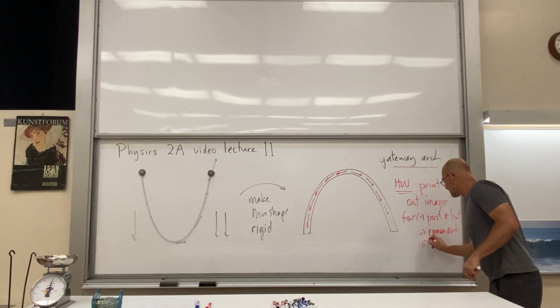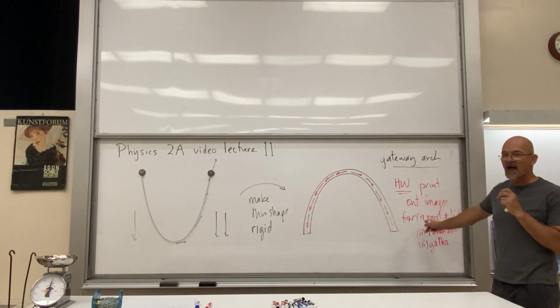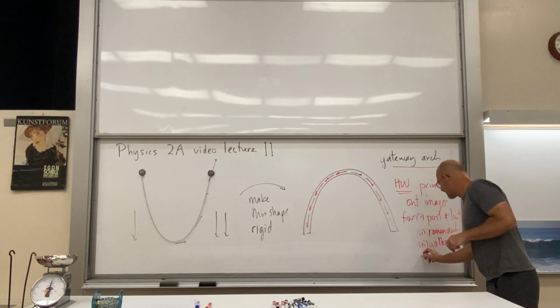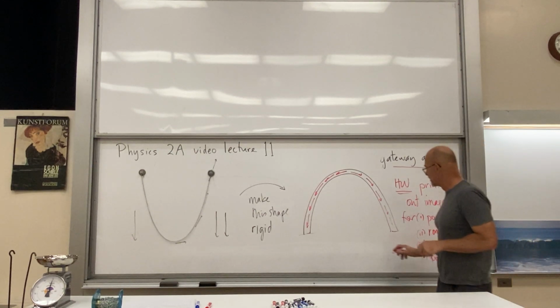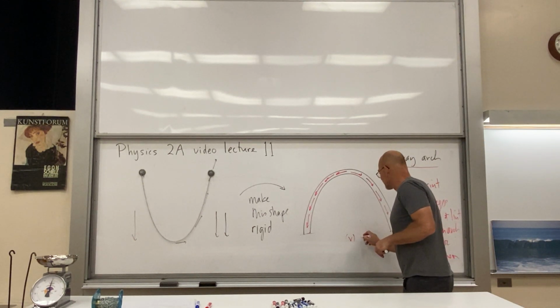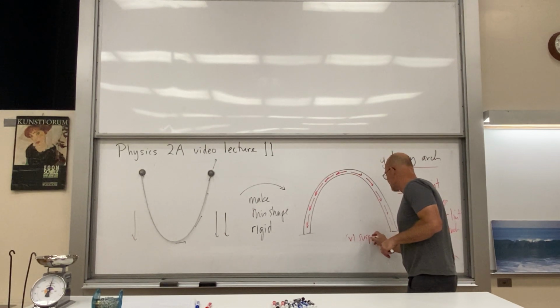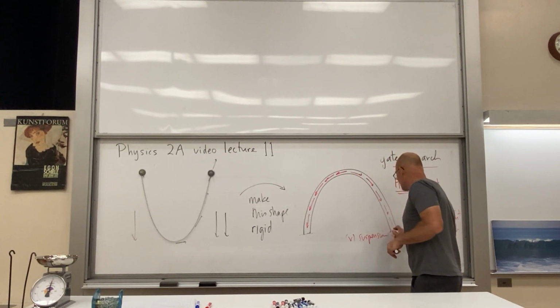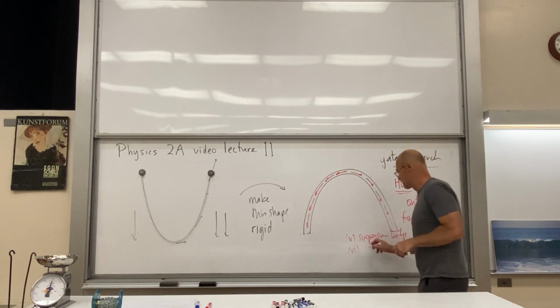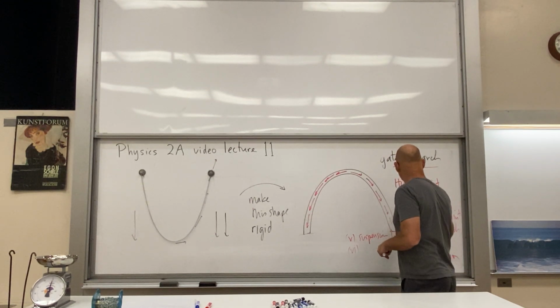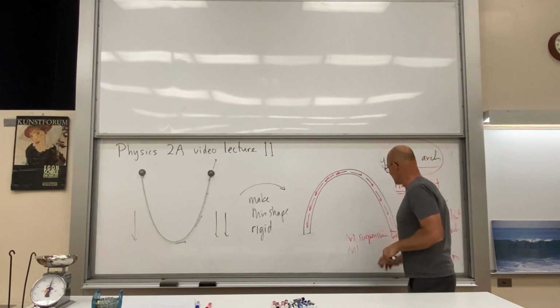We had Gothic arches along with flying buttresses, and then we had the Pantheon in Rome, and then we had suspension bridge and Gateway Arch right there.